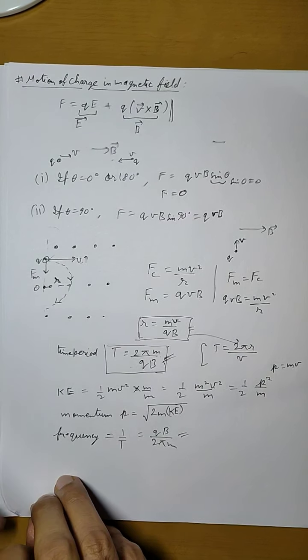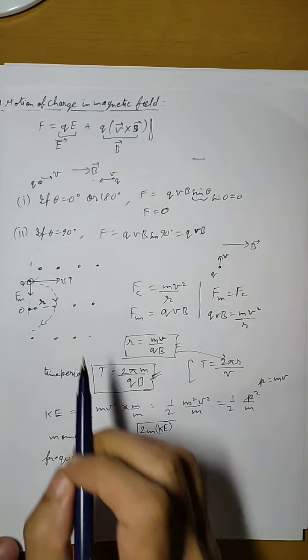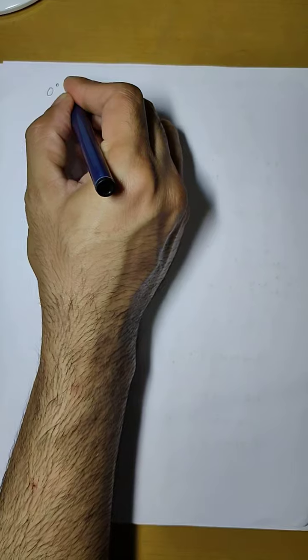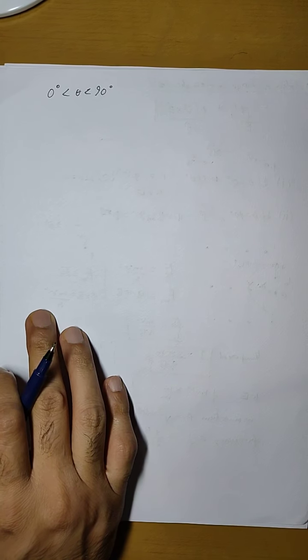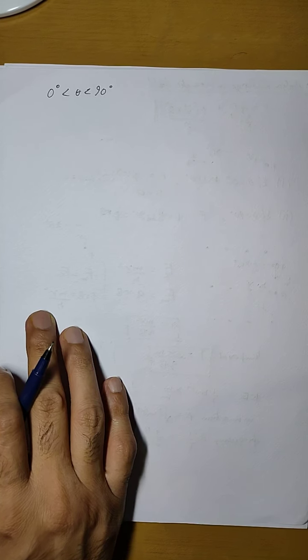Now another case left, that if instead of theta equals 90 or 0 degree, if theta is somewhere between 0 degree and 90 degree.